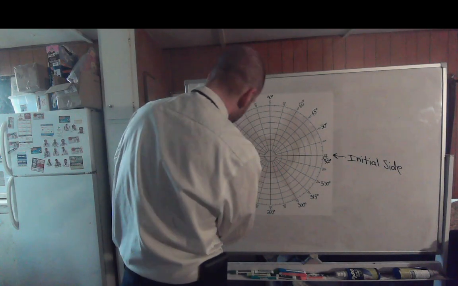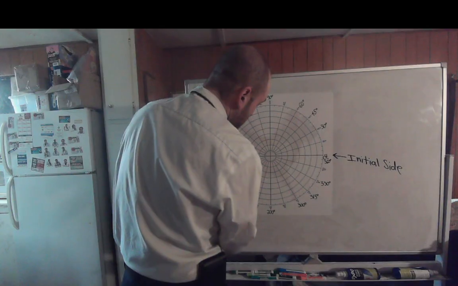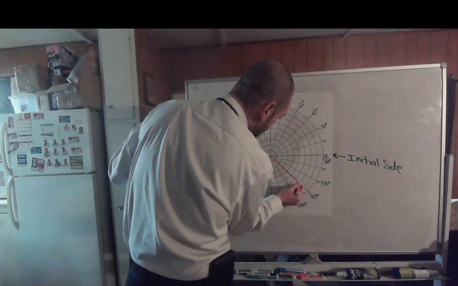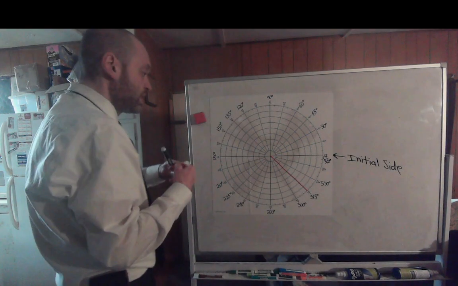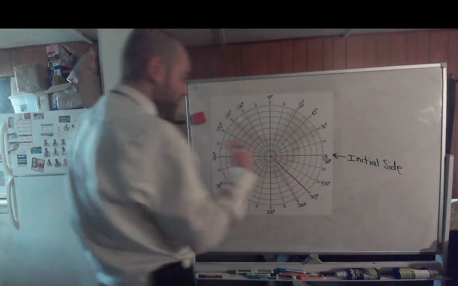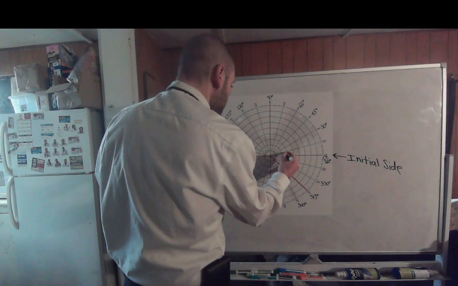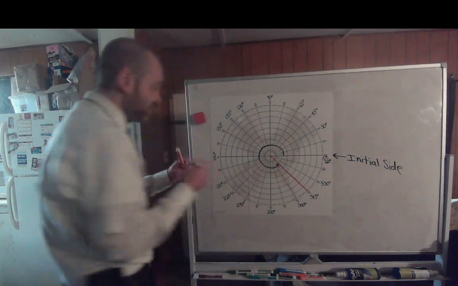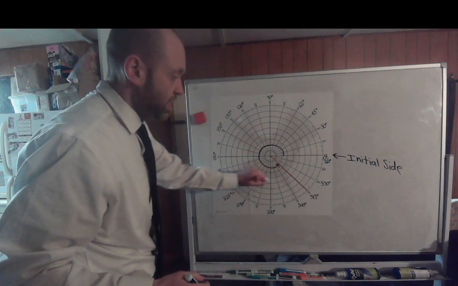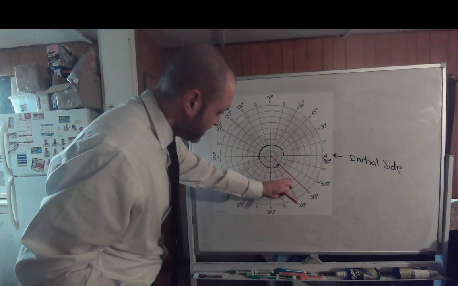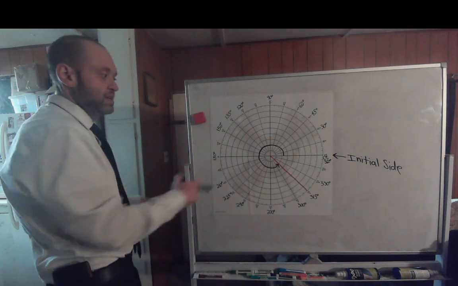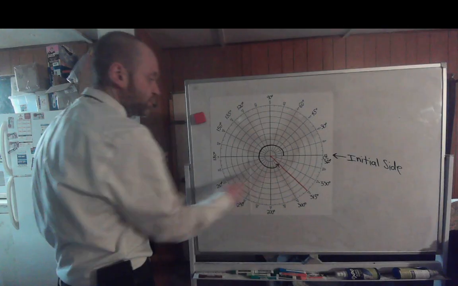So 315 can be found right there, which would be at 7 pi over 4. That's 315 degrees. So start on the initial side of the positive x-axis, go counterclockwise until your terminal side is 7 pi over 4, which is 315 degrees. So this is a 315 degree angle.